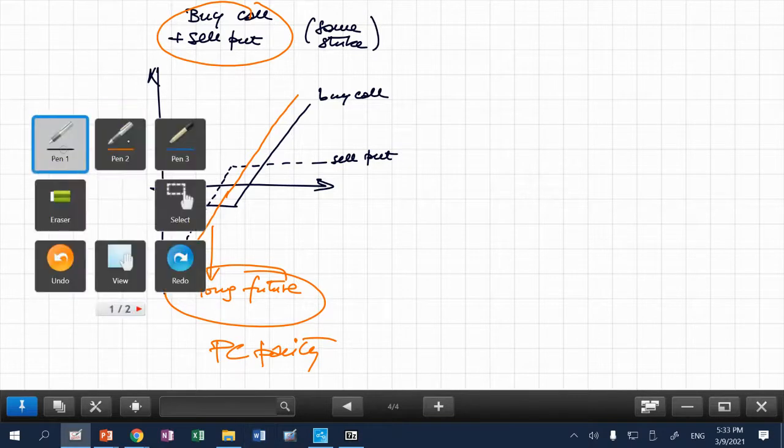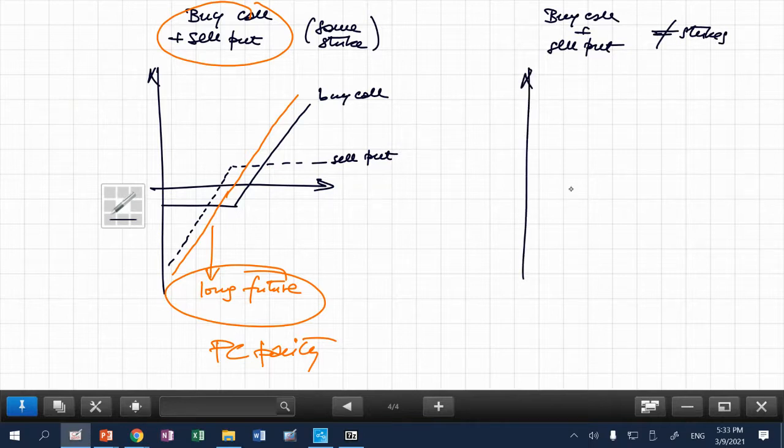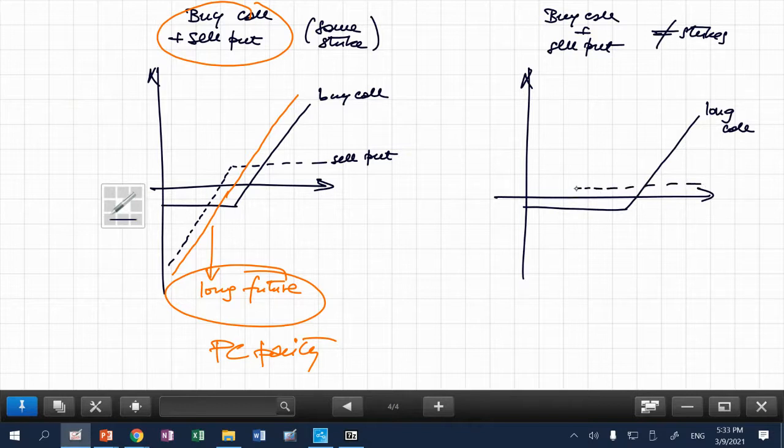If you instead choose different strikes, so if you buy call plus sell put with different strikes, then what happens is essentially the following. Here I have my long call. Let's say this one is my short put.